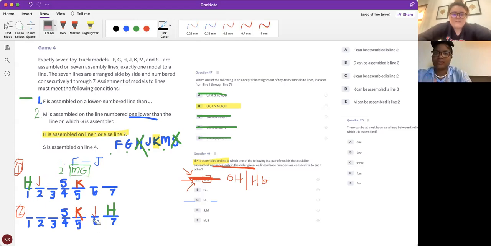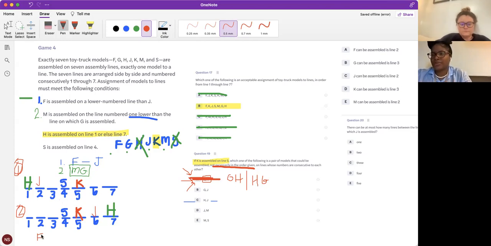All right, so now let's go to 2. What do we know? That F has to come before J, right? So we know that F has to be one of these. What other letters do we have to make sure that they can fit? Can you repeat it one more time? So we have F. What other 2 letters do we have to try to make fit here? M and G?